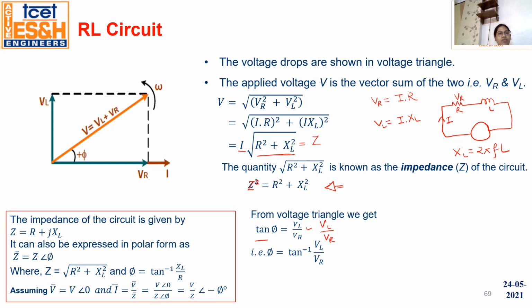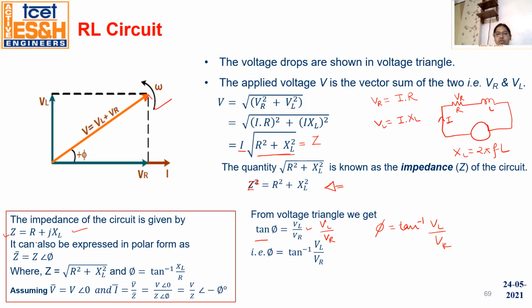For this particular triangle, this also has the same height as VL. So after that, we can calculate phi is equal to tan inverse of VL by VR. Clear? Now see here, this is the Z. It is also represented in rectangular form: R plus jXL.